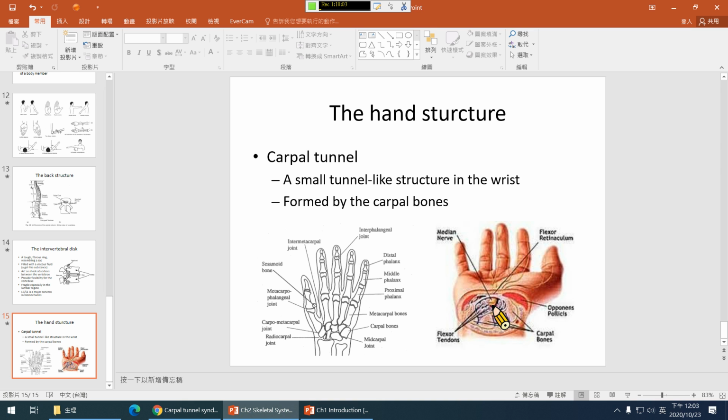Otherwise, it's not coming smoothly, right? Similarly, the tendons are being flexed like this or abducted like that. And that tunnel is crowded. It's like a pipe. So if you bend it, you are increasing that pressure.